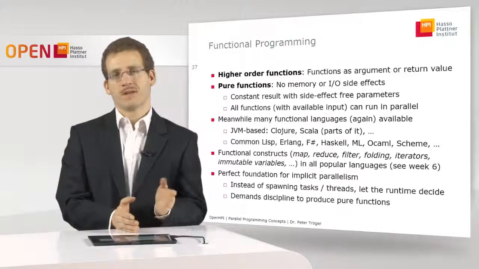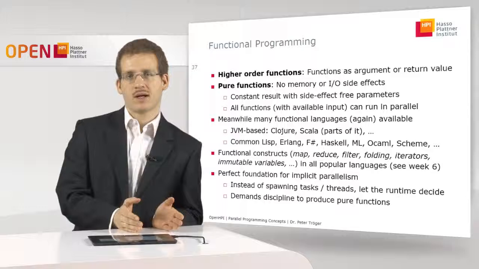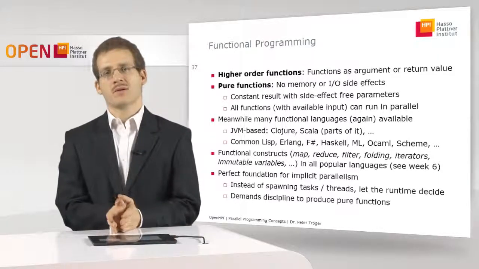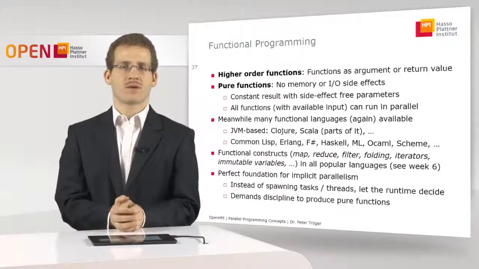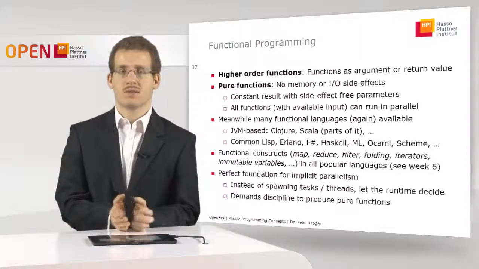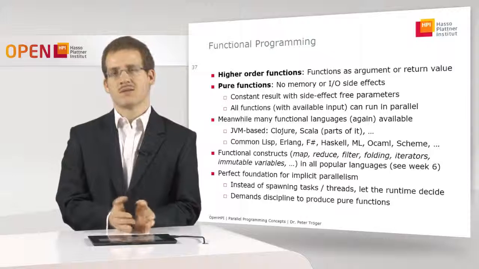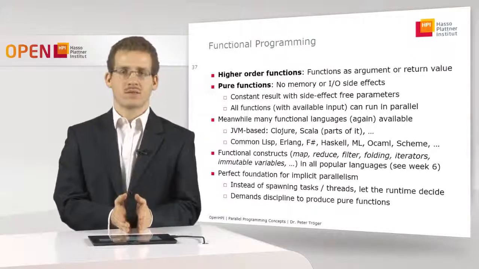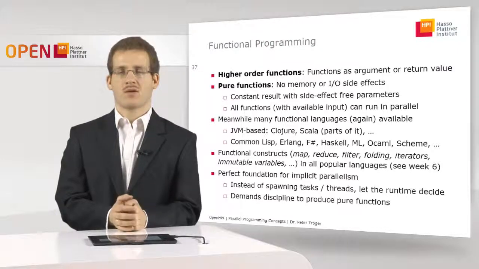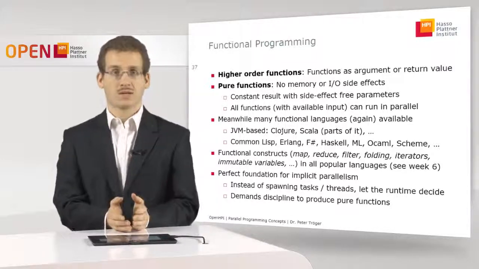So if you intend to use these ideas in order to express your parallelism in a shorter and more implicit way, then please check your favorite language if it supports, for example, map or reduce patterns. This is something we will also discuss in week number 6. These are all things that rely on the basic idea of higher order functions and side effect freeness.